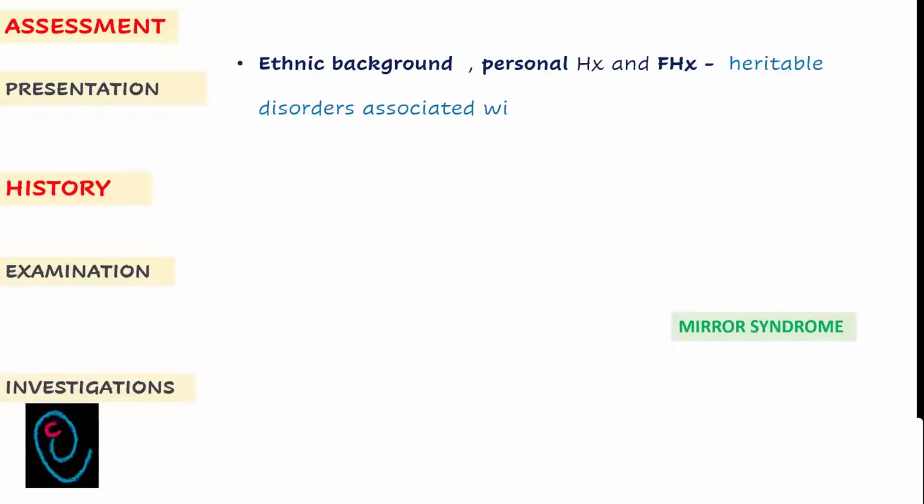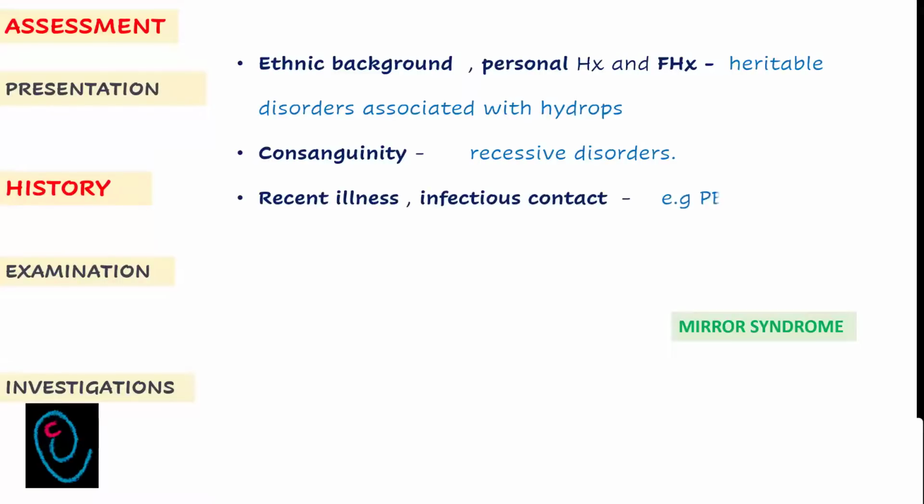It may identify heritable disorders associated with hydrops, such as alpha thalassemia, metabolic disorders, and genetic syndromes. Ask about consanguinity, because this may increase the probability of recessive disorders. Ask about recent illness or infectious contacts, particularly exposure to infants with parvovirus B19. Obstetric history may reveal a previous history of non-immune hydrops fetalis.